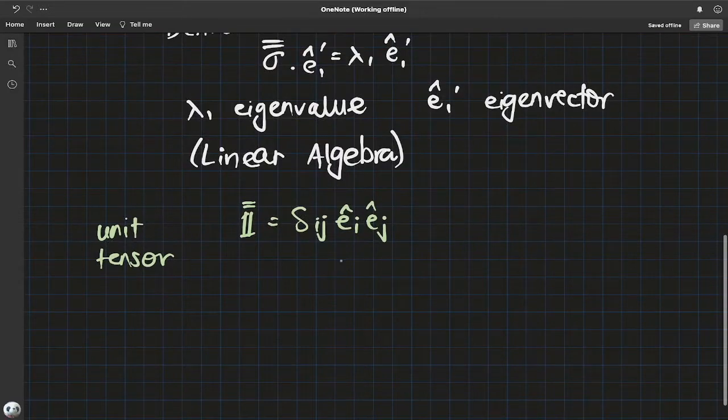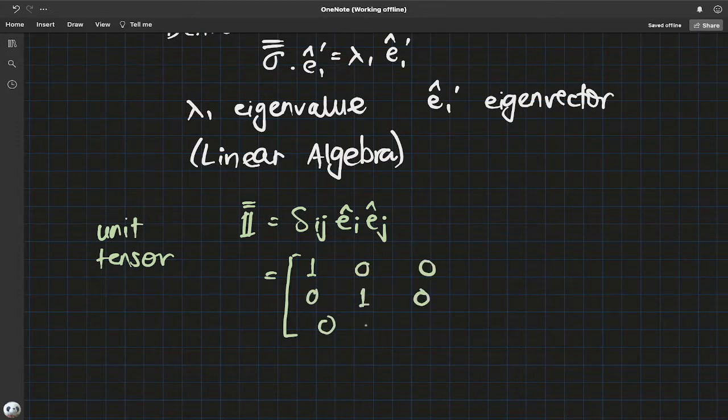And if you write down what each of these things are going to be in a matrix representation, when i and j are equal, Kronecker delta is 1, and e1 tensor e1, so the first element is 1, everything else will be 0, and then we'll have 1 for 2 2 and 1 for 3 3. So this becomes just the identity matrix.